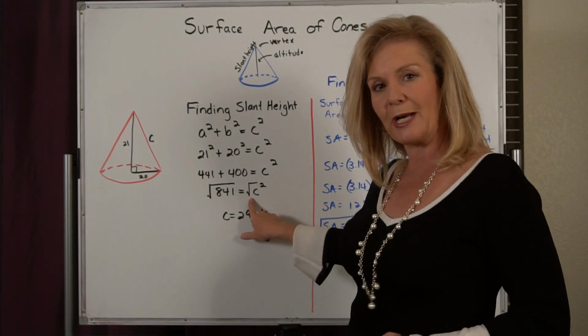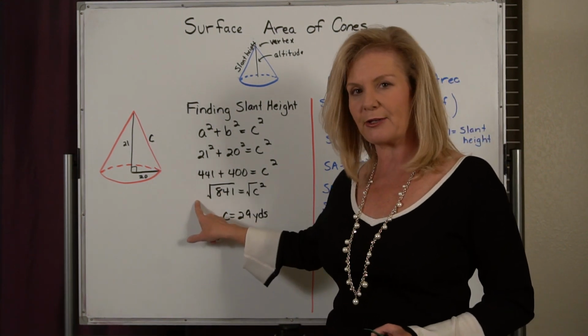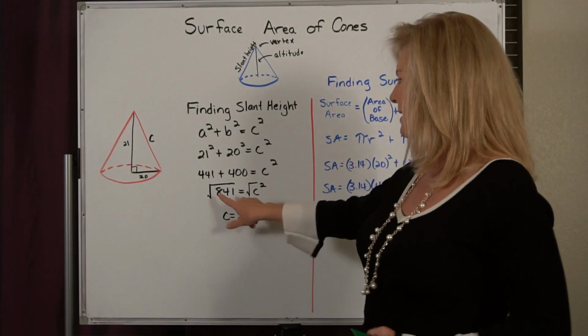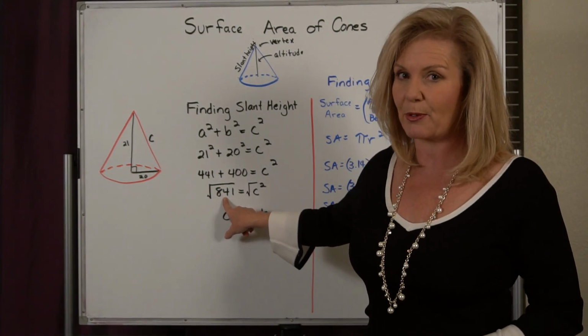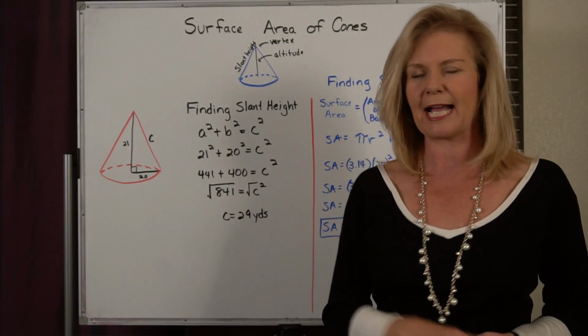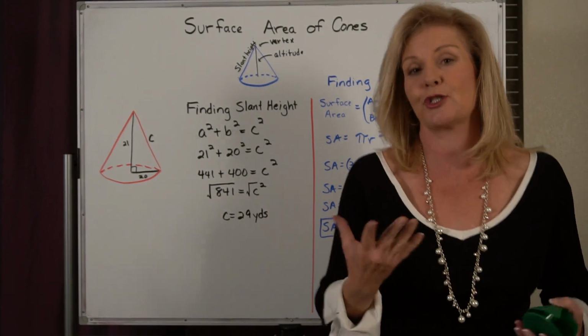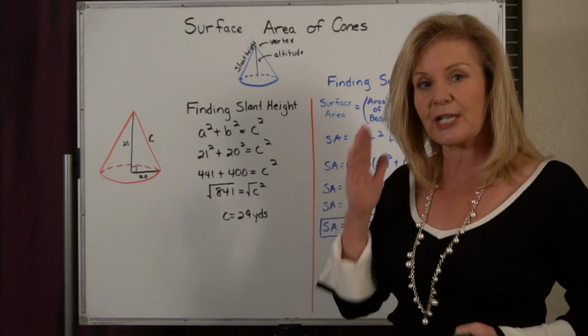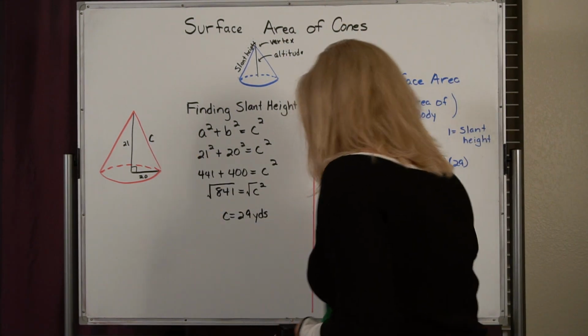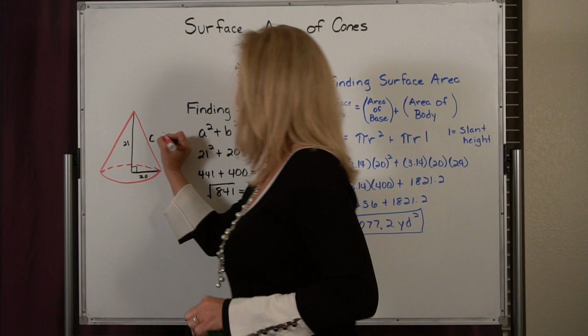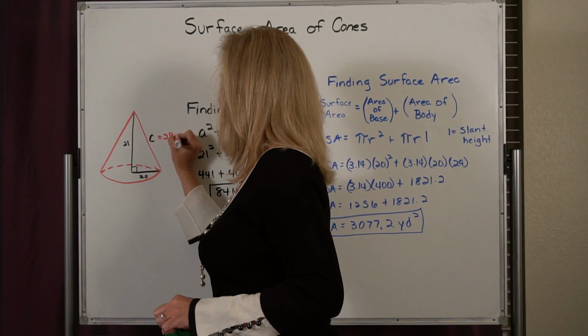Whatever I do to one side, I have to do to the other side. And we're really lucky today because 841 is actually a perfect square. It equals 29 yards. Now notice that's just a measurement, so it's not 29 yards squared. It's just that dimension. So we know that this slant height is 29 yards.